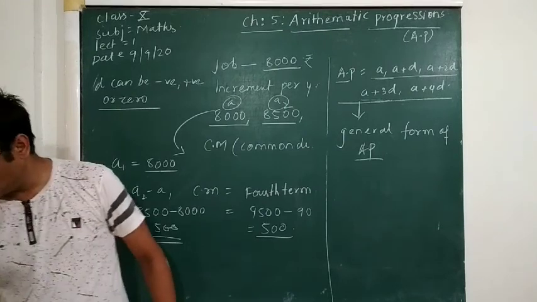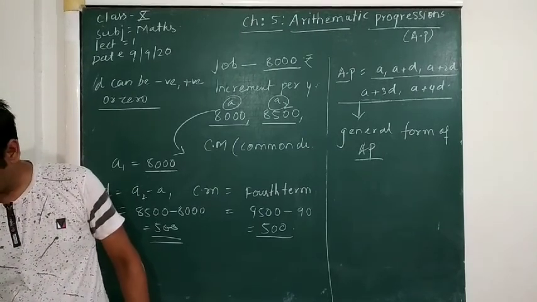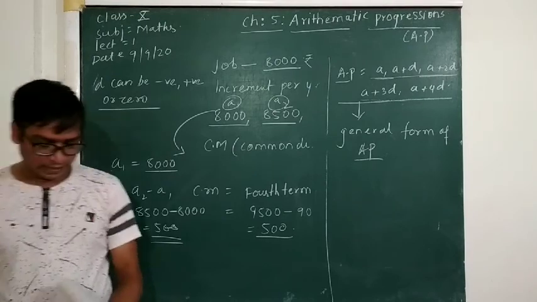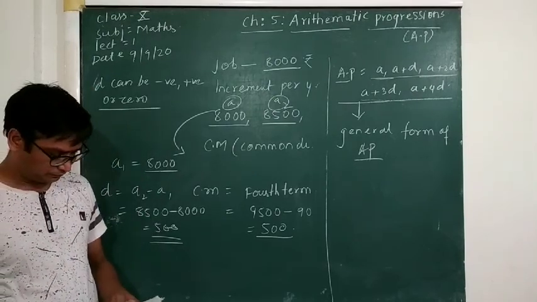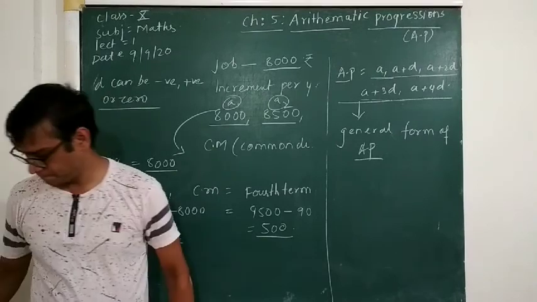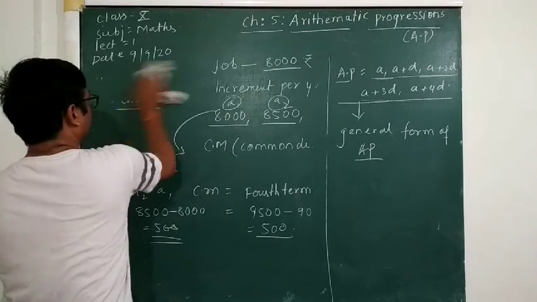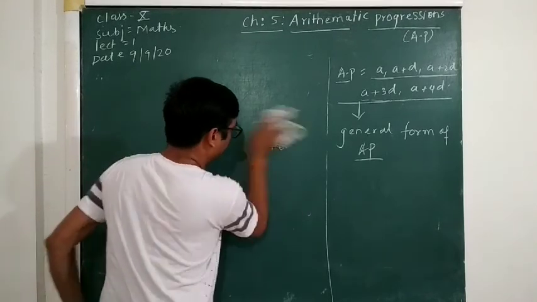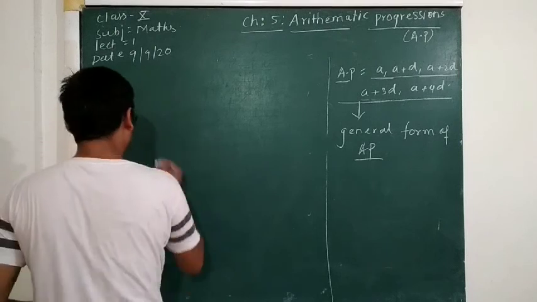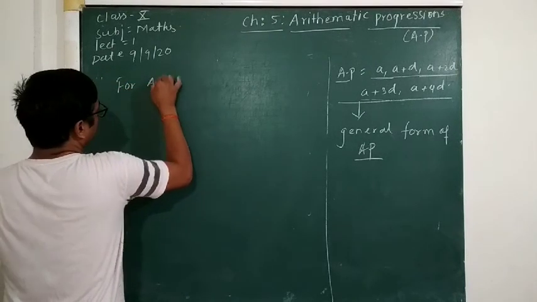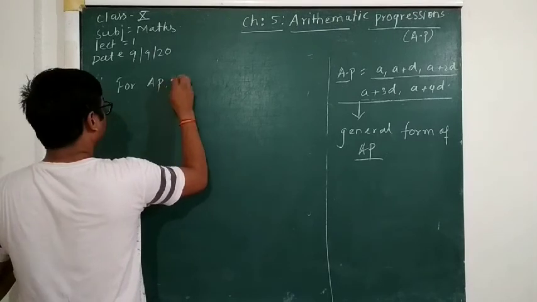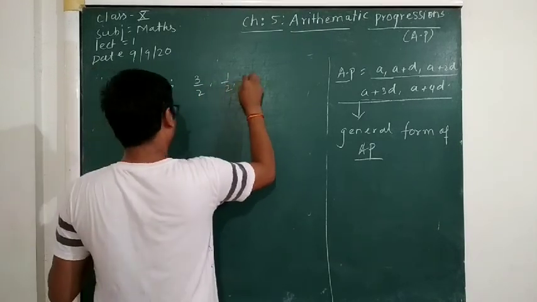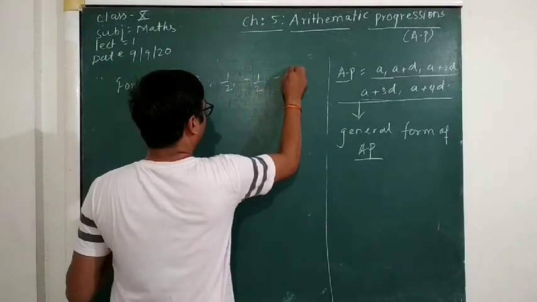Now let us do one example. Suppose it is given that for an AP: 3/2, 1/2, minus 1/2, minus 3/2.